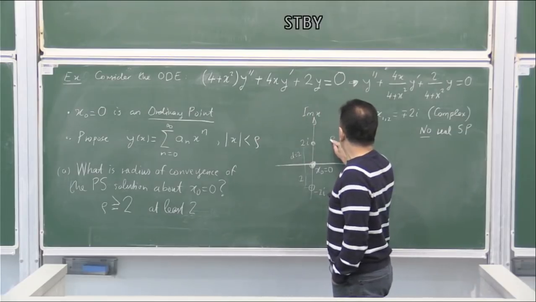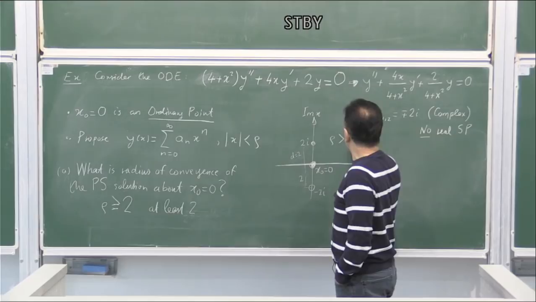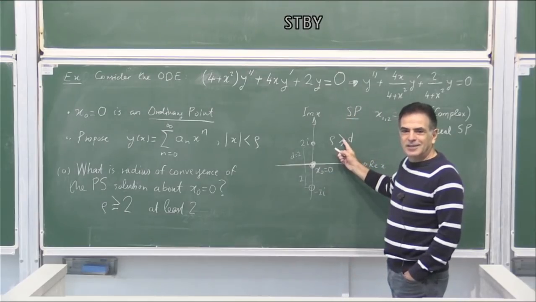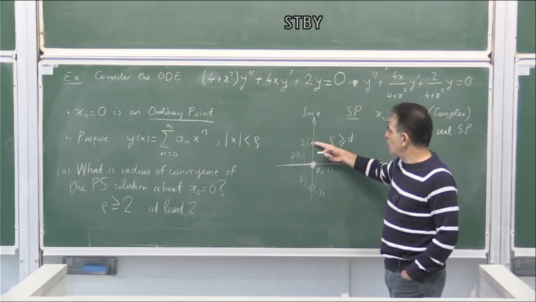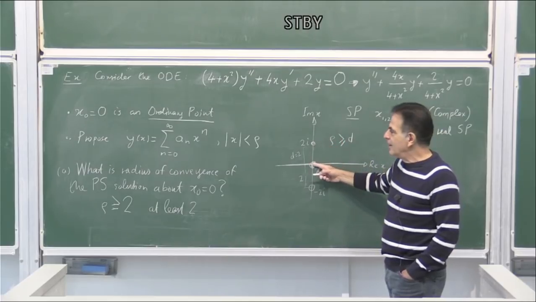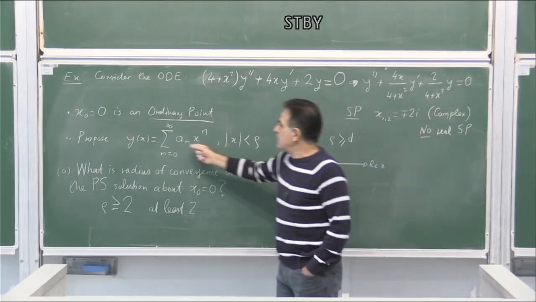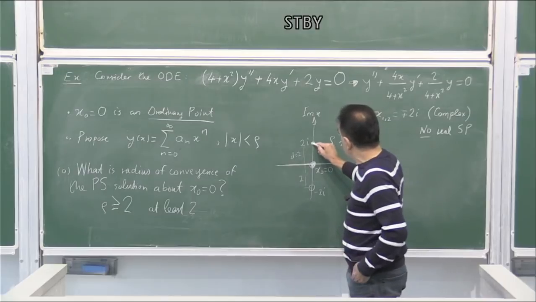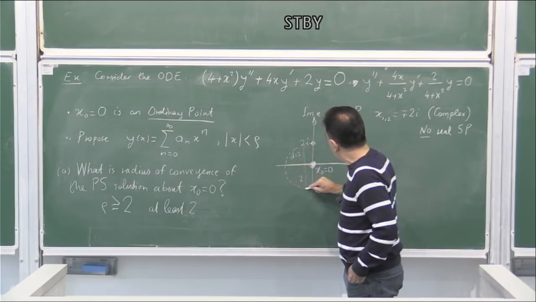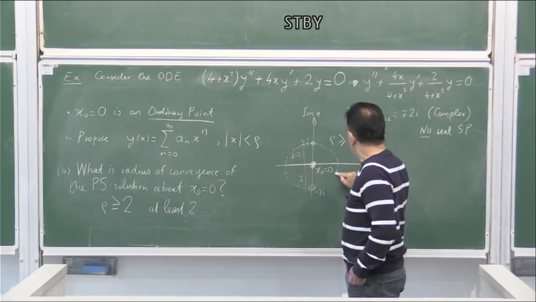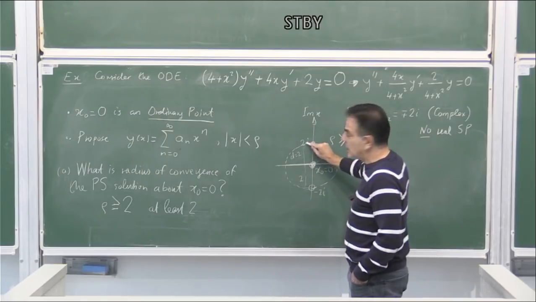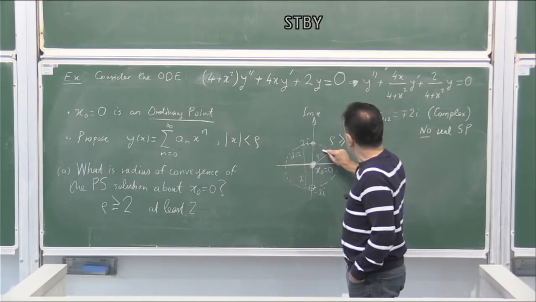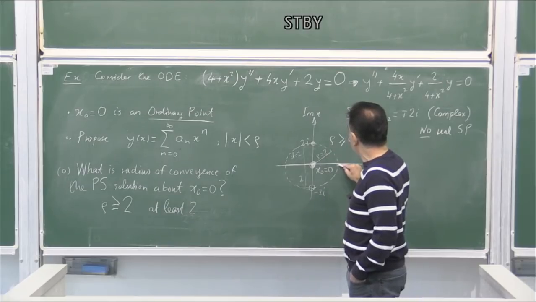Remember, the radius is at least the distance from x0 to the nearest singularity. So this series is convergent, but we are in fact interested in the complex plane. It is convergent in this disk with radius 2.